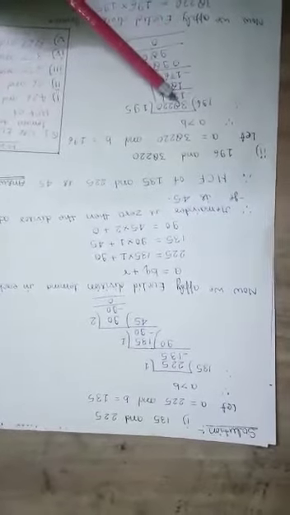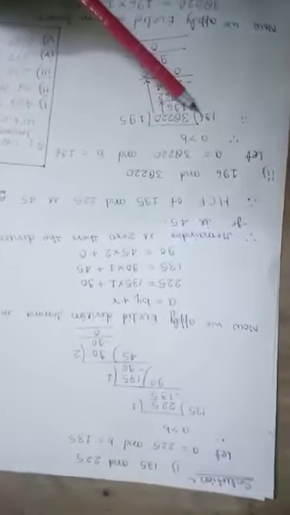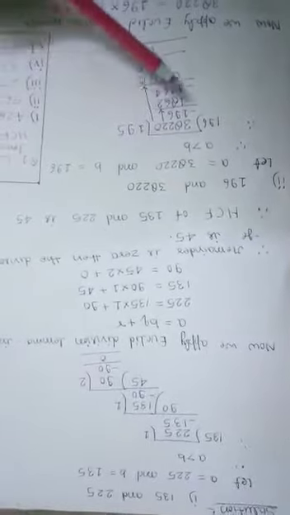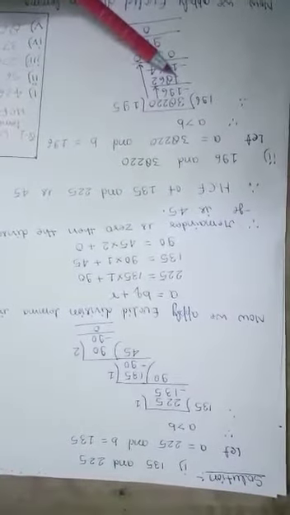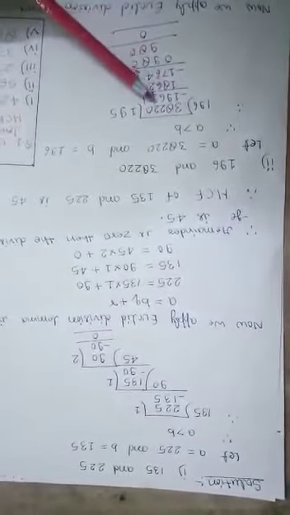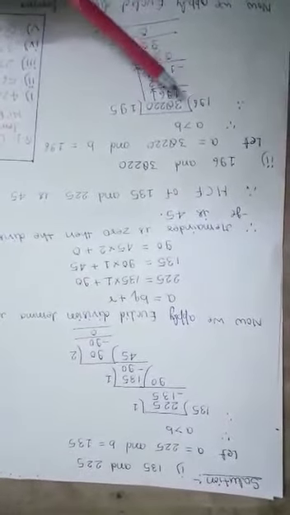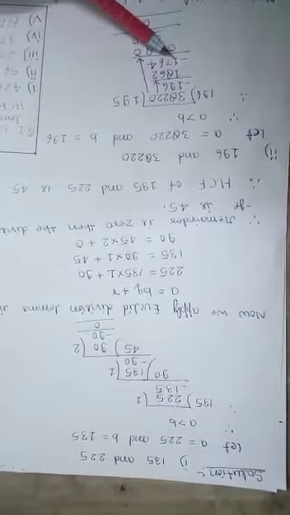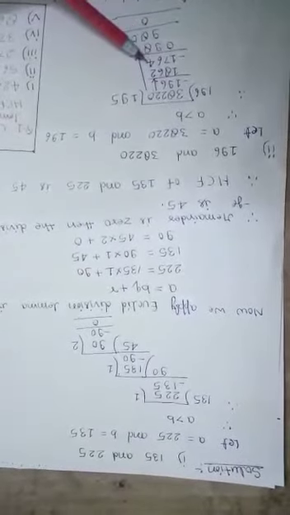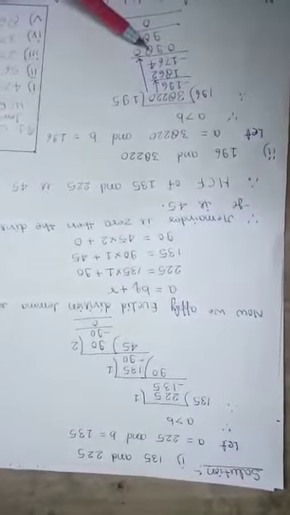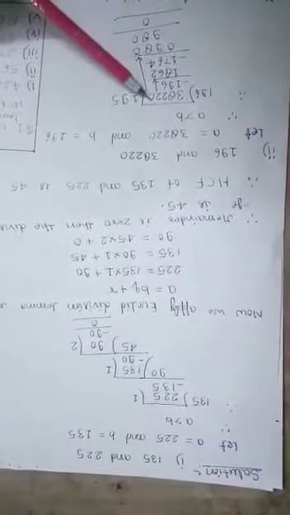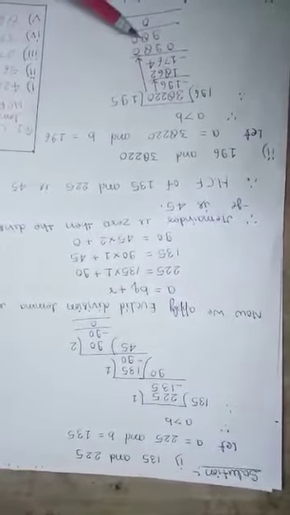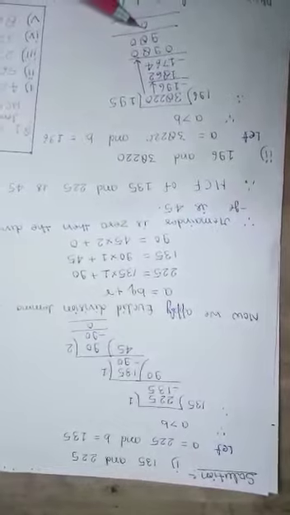Similarly, 38,220 is divided by 196. 196 times 195 is 38,220, remainder is 0.